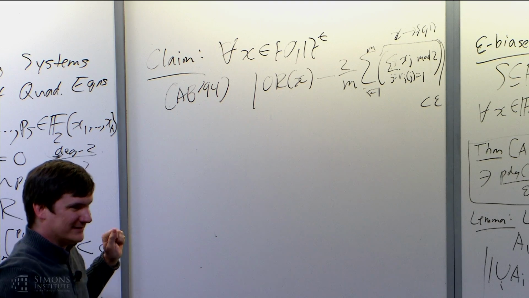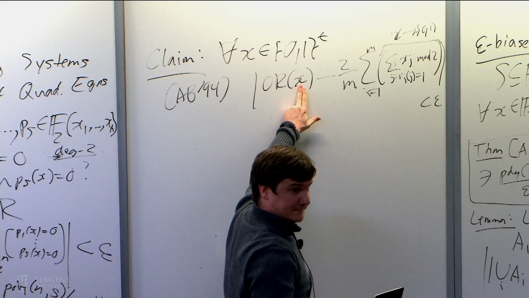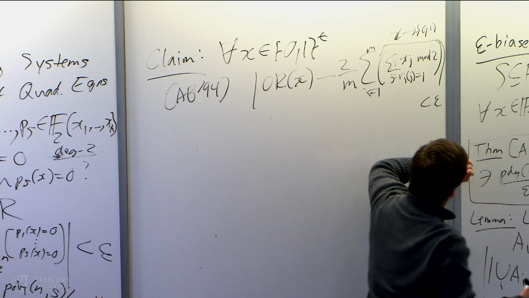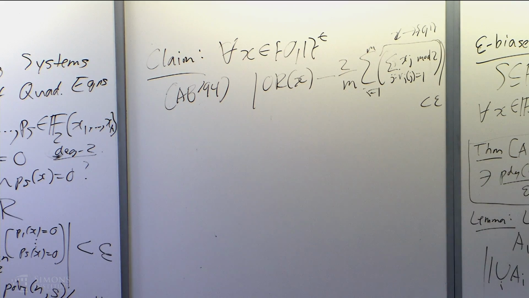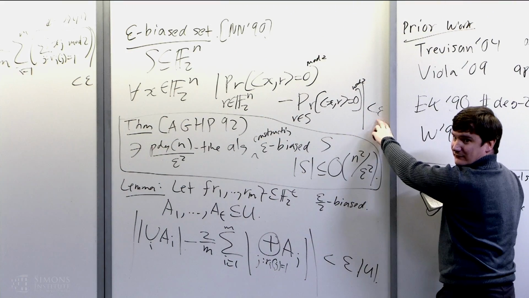Now, suppose there's a bit that's set to 1 here. If I chose a random vector and took an inner product with it, it's 0 with probability exactly 1/2. With epsilon biased, I'm off by epsilon from half.